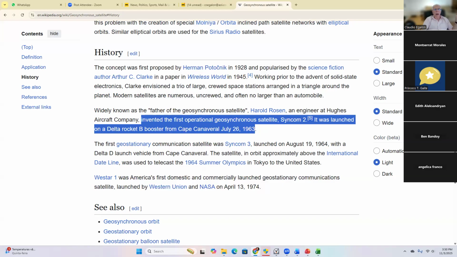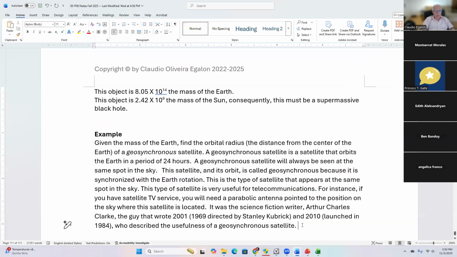But let's see, what is the distance of the orbit of a geosynchronous satellite from the center of the Earth? You already know. Here you go, solution.